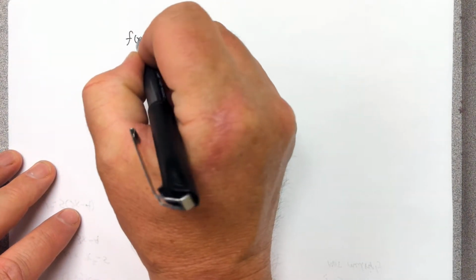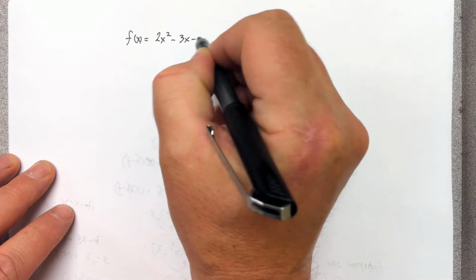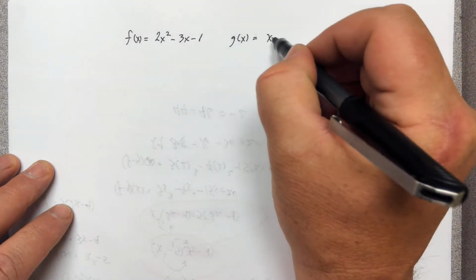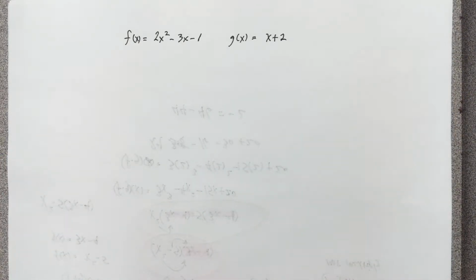When you multiply, yes. So let's try this one then. Let's do 2x squared minus 3x minus 1. Now, Celine, you know when you're multiplying, it doesn't matter which one goes first, right?